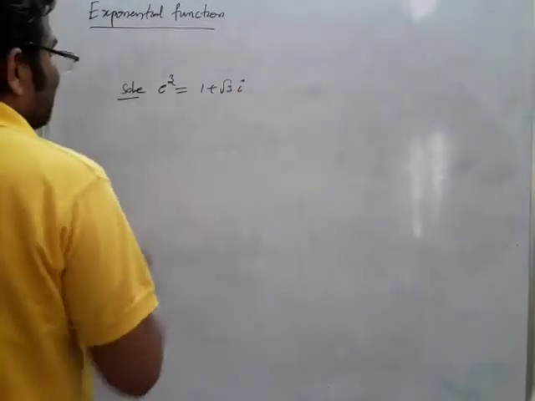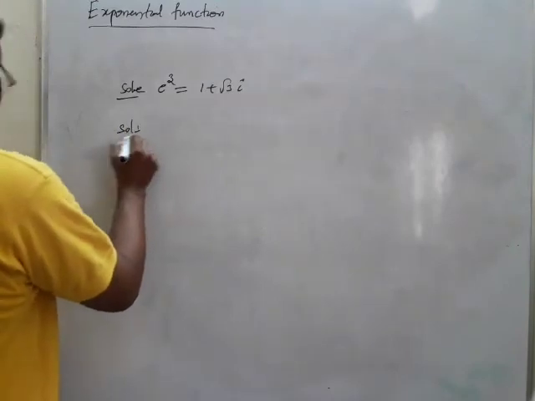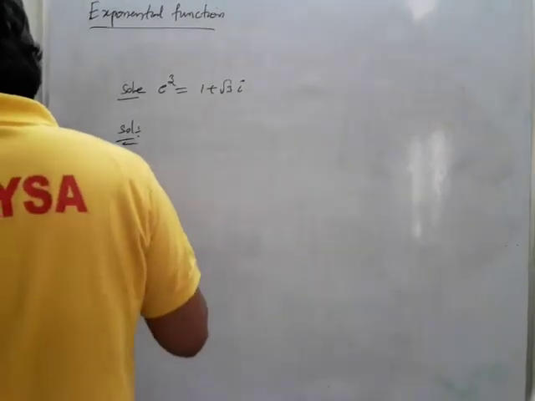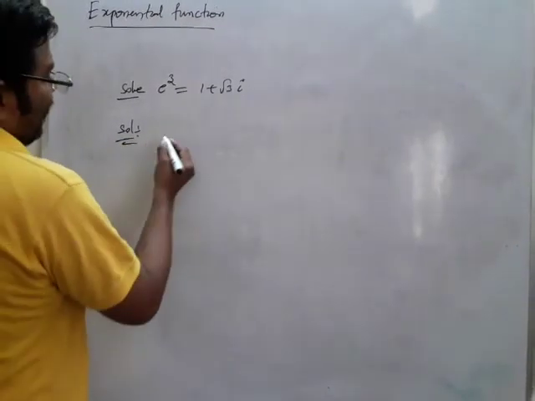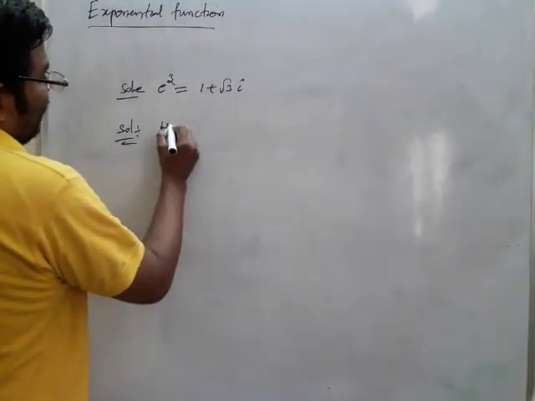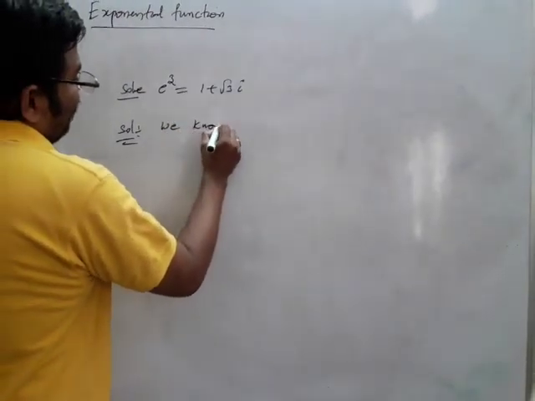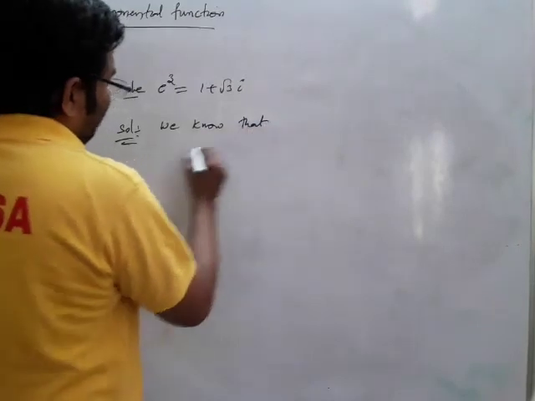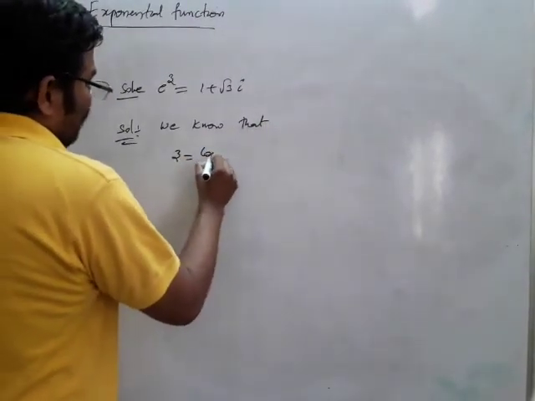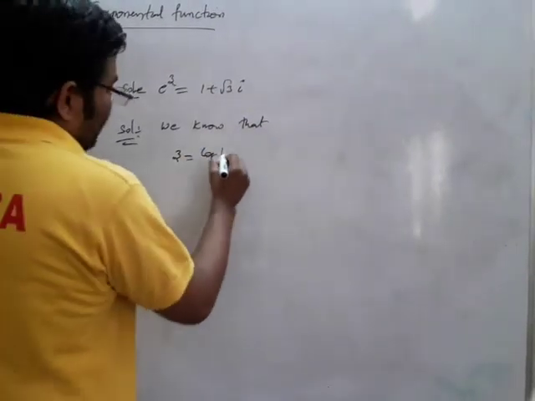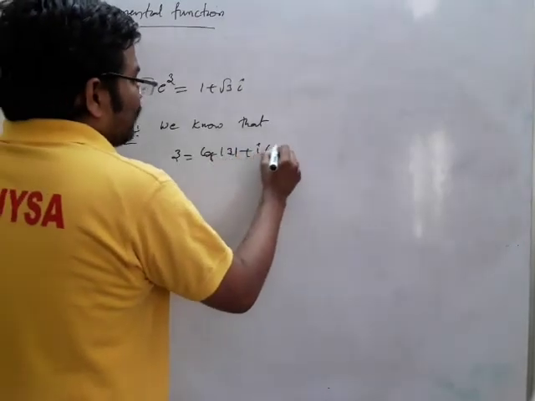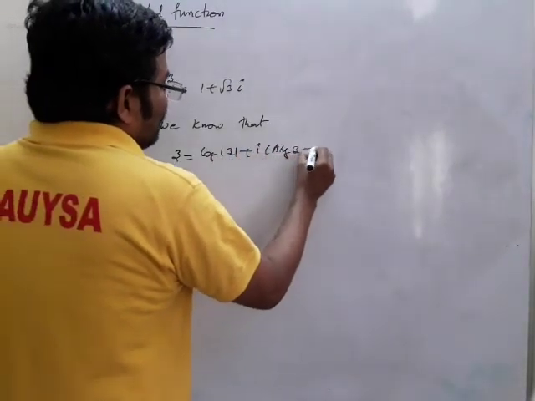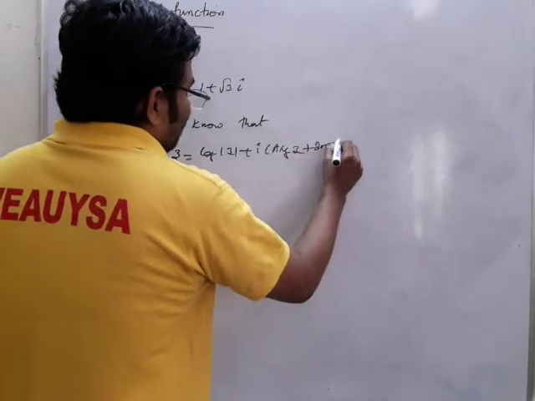Now, how to do the solution for this? This is another problem we have got. We have the formula, so we know that z is equal to log mod z plus i into argument of z plus 2n pi.